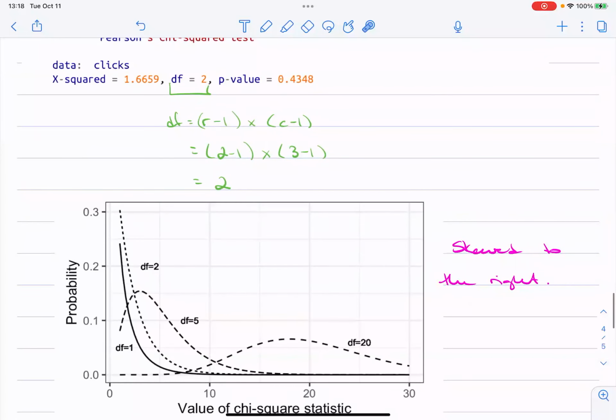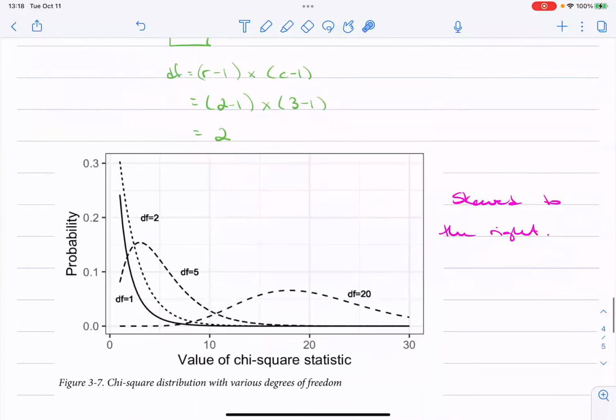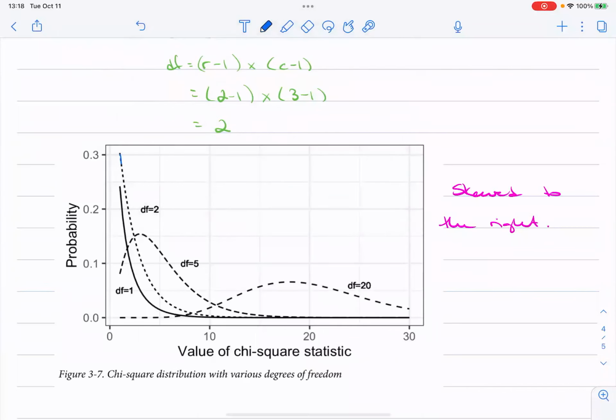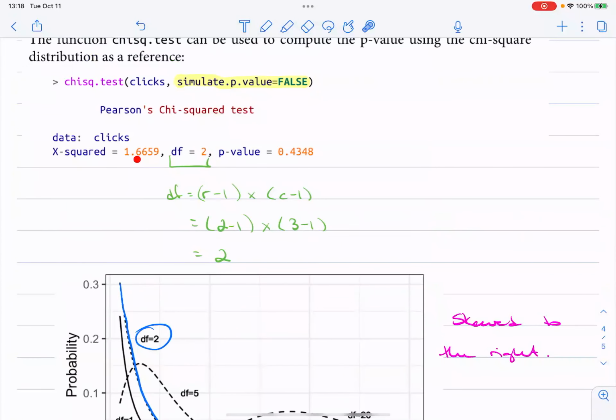So then what did this one do? If we have 2 degrees of freedom, maybe what I'll do is map it out over this curve. So the 2 degrees of freedom is here. So that's this one here. And then it calculated the chi-squared test statistic of 1.666, let's say.